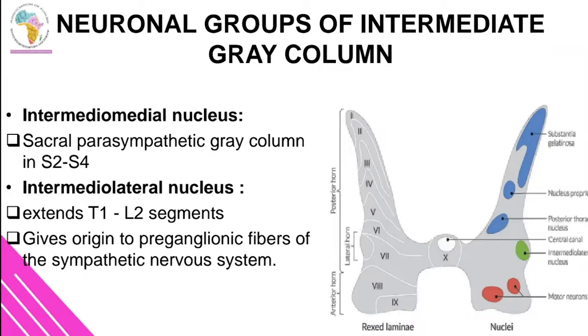And then the intermediolateral nucleus tends to give rise to the preganglionic fibers of the sympathetic nervous system. And this tends to extend in the thoracolumbar region, which is between T1 to L2, which we know is where the sympathetic nerve fibers originate from.